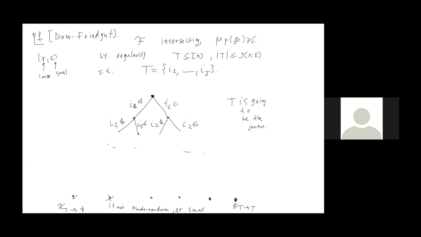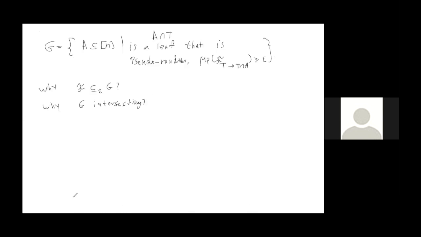We got that on all of the leaves our restricted family is pseudo-random. Let's say that this is what we got, and we want to prove that if we take the family G that consists of all the good leaves, all the leaves that are pseudo-random and sizable, then this family is intersecting, and it roughly contains F.